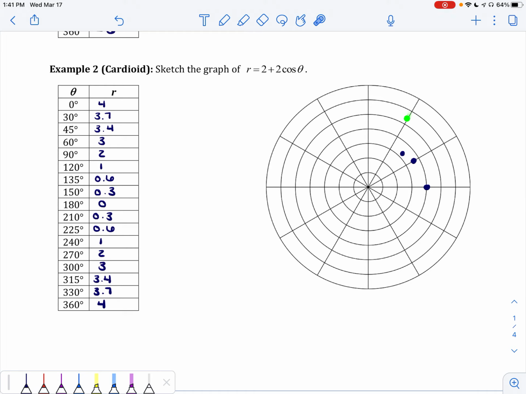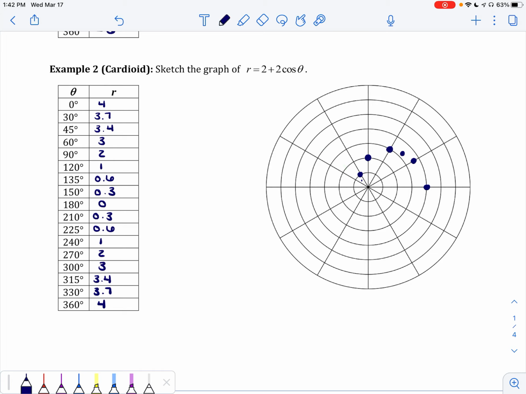All right, then we have our 60-degree line, and we're going out to a radius of 3. Our 90-degree line, out to a radius of 2. 120-degree line, out to a radius of 1. 135-degree line, we have a radius of 0.6.